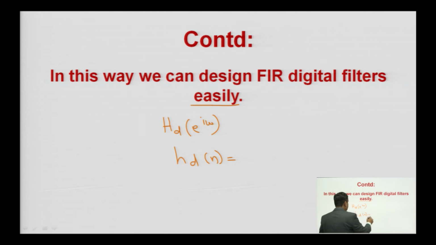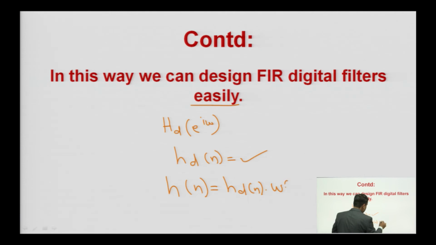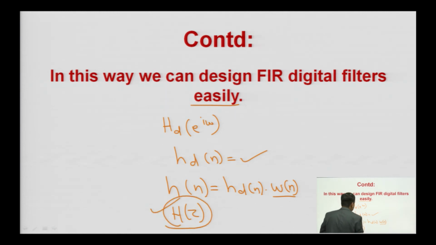Once you have calculated H d n, you have to find your final H n. Your final H n is equal to what? Your H d n and your window function, as per your requirements. Now, once you have calculated H n, you can calculate its transfer function, its magnitude, its frequency response and so on. So, easily you can design here.